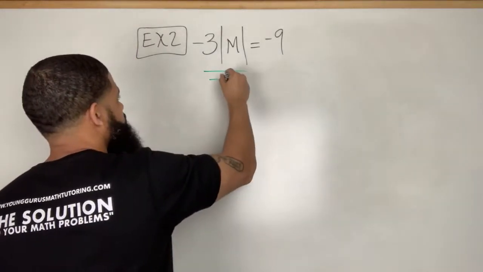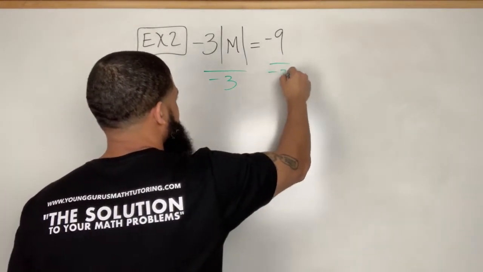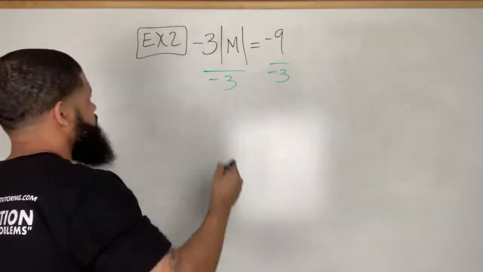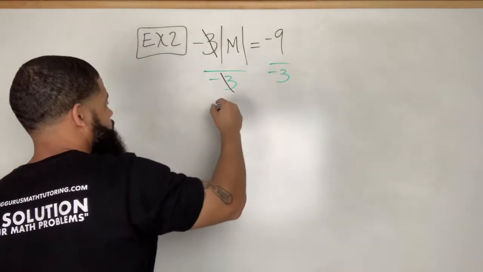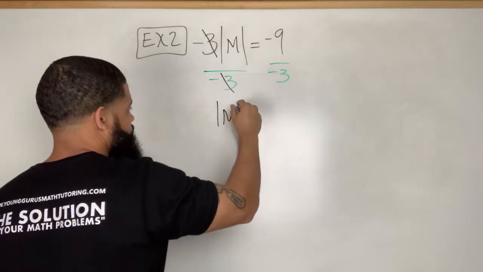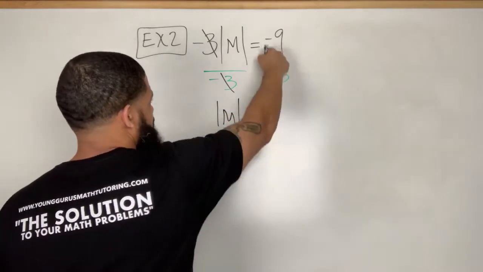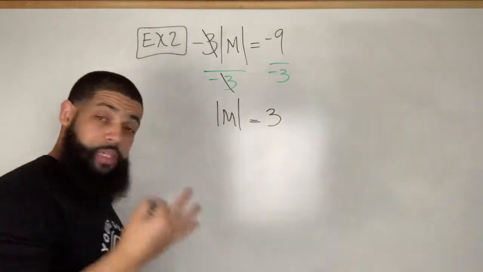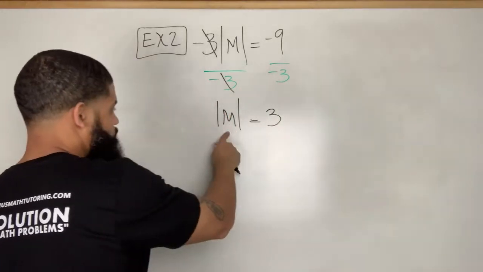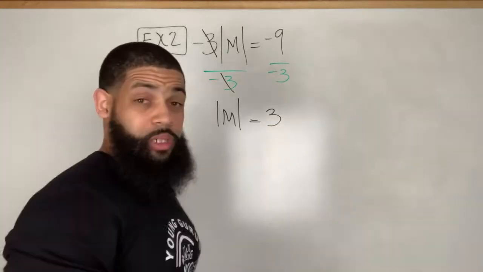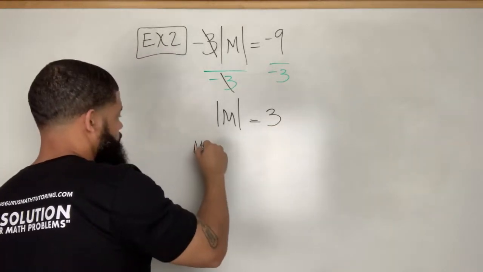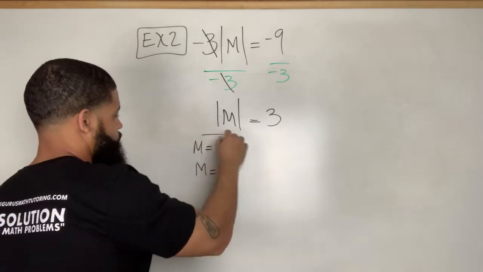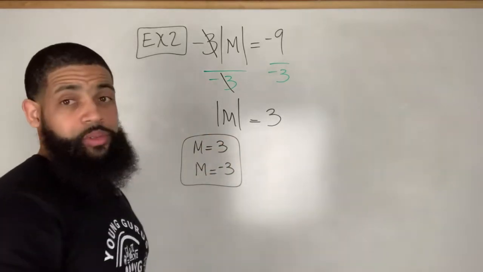When I divide, this will cancel, so that's going to give me the absolute value of m is equal to negative divided by negative is a positive, 9 divided by 3 is tree. And if the absolute value of a number is equal to 3, then that number m can equal 3, or m can equal -3. So those are our values.